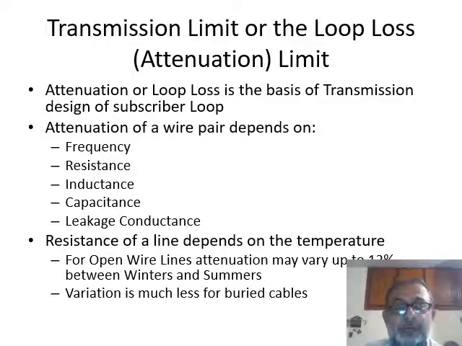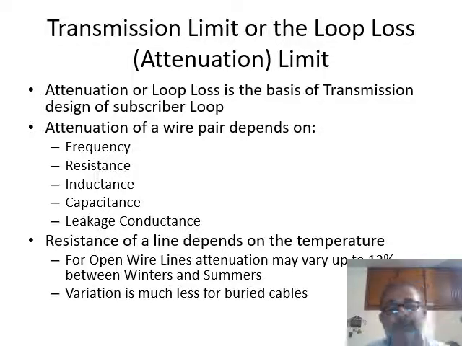While checking for the transmission limit, we need to check the attenuation. We do not need to check the resistance, because if the attenuation is within range, then resistance would already be checked and it would be okay.